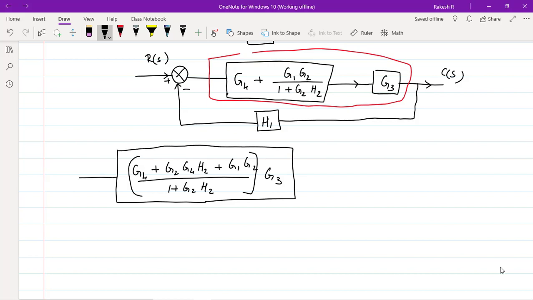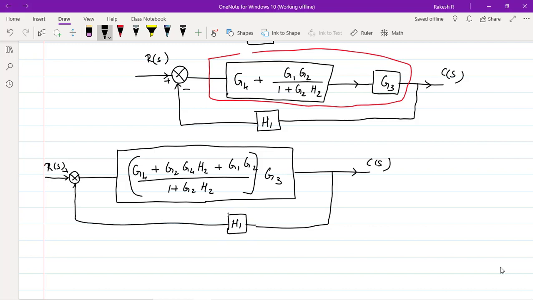Now here input is R of S, which is positive, and then output is C of S, and we have the feedback H1 here. And this is negative and this is positive here, right?